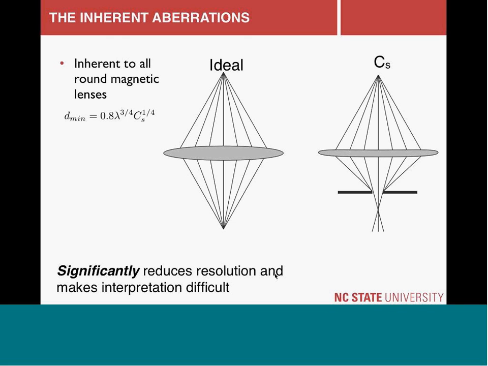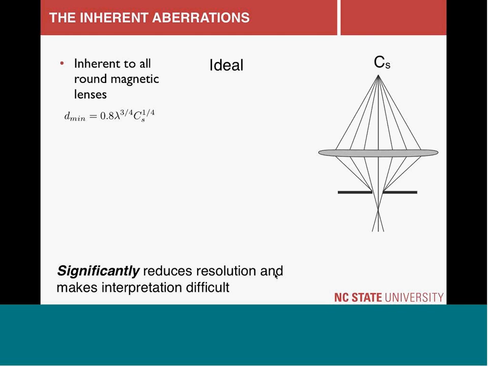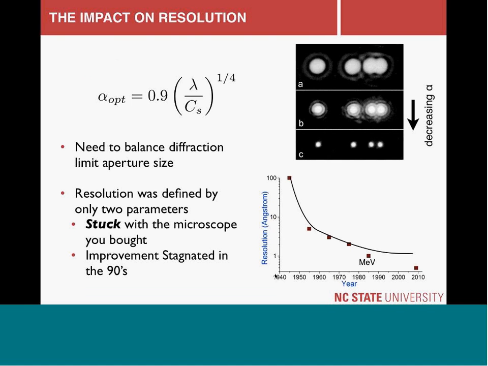The aperture size is based on the wavelength of our electrons. As you increase energy, the wavelength goes down, and the spherical aberration coefficient is fixed for a microscope.